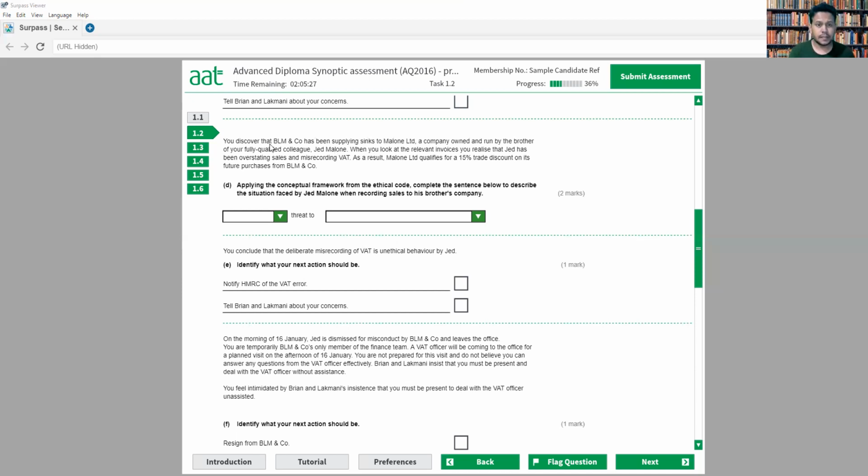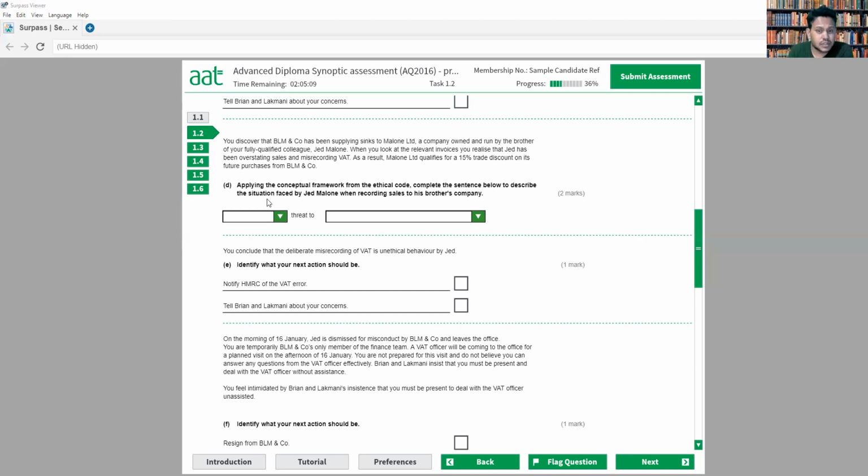You can see BLM supplying zinc to Melon Limited. So it's kind of a familiarity threat, because of the brother, they are doing this. So this is a familiarity threat to objectivity.